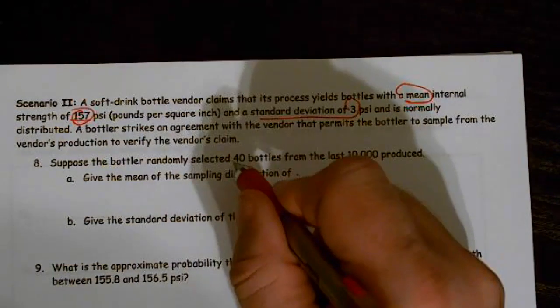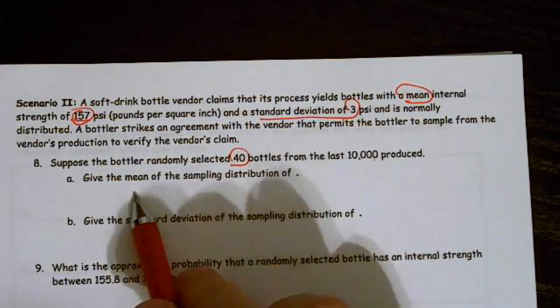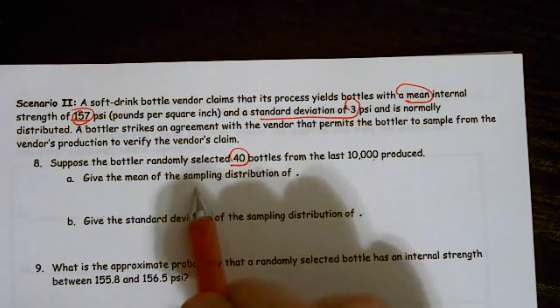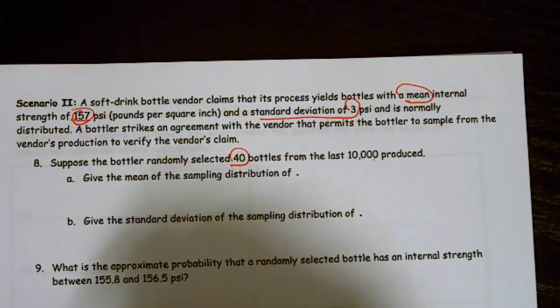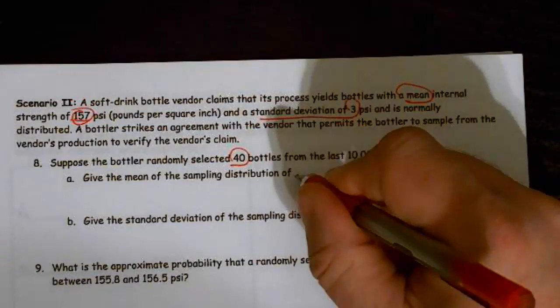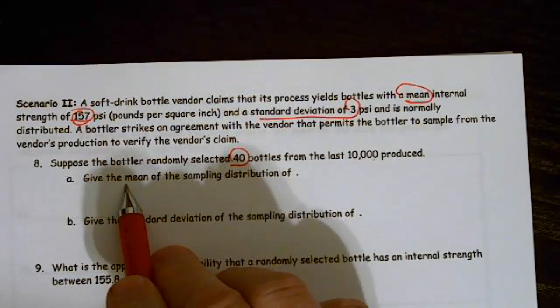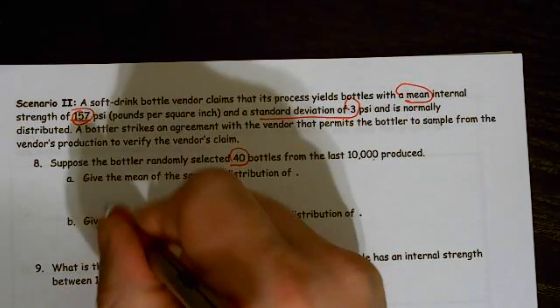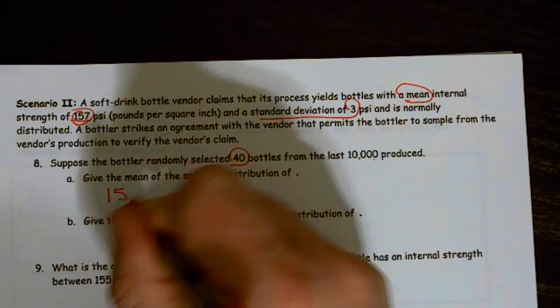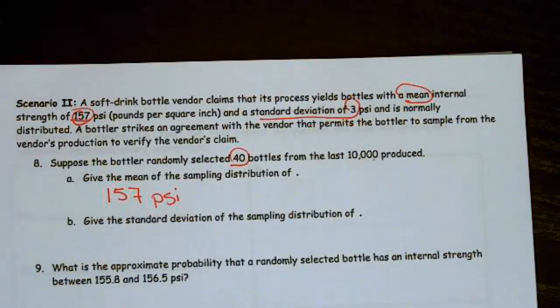Suppose the bottler randomly selects 40 bottles from the last 10,000 produced. Give the mean of the sampling distribution of the mean. If it's asking for the mean, the mean is the mean. So this should have been about the easiest problem, 157 psi. No real work to show there.